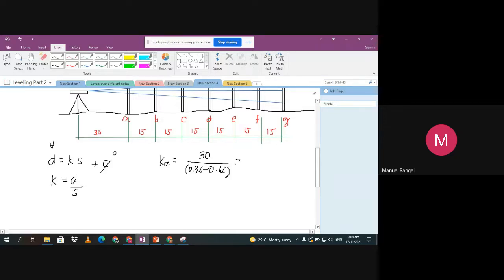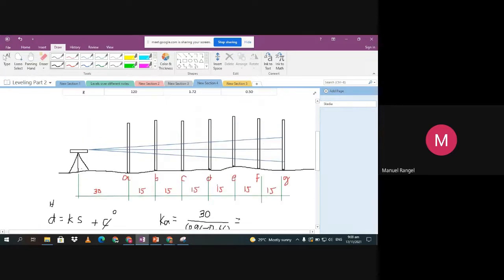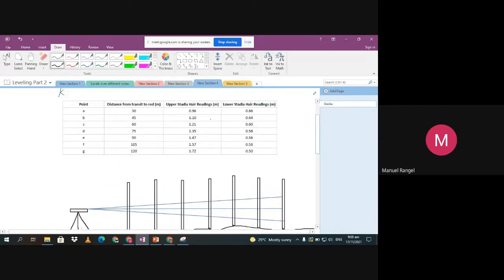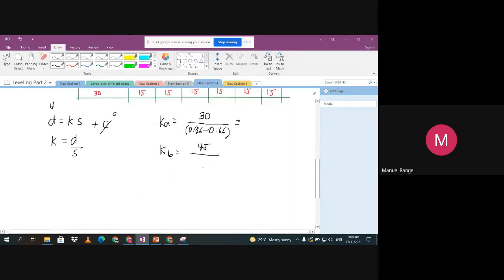Okay. Then compute the value for KB. That is 45. Then the upper reading at point B is 1.1 minus 0.64. Okay, kindly compute the values.